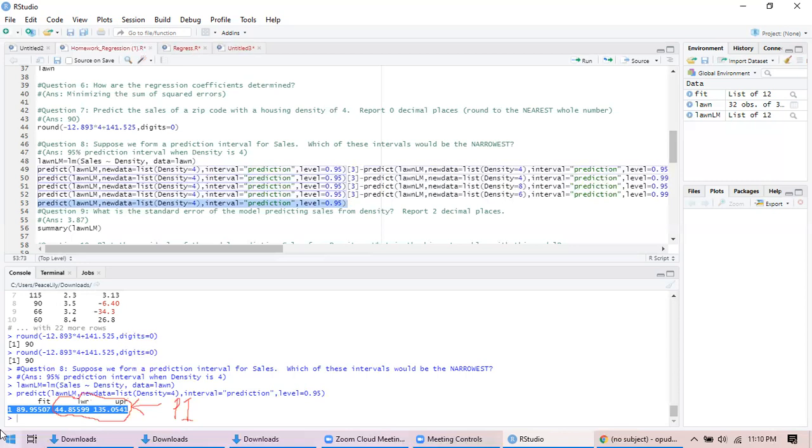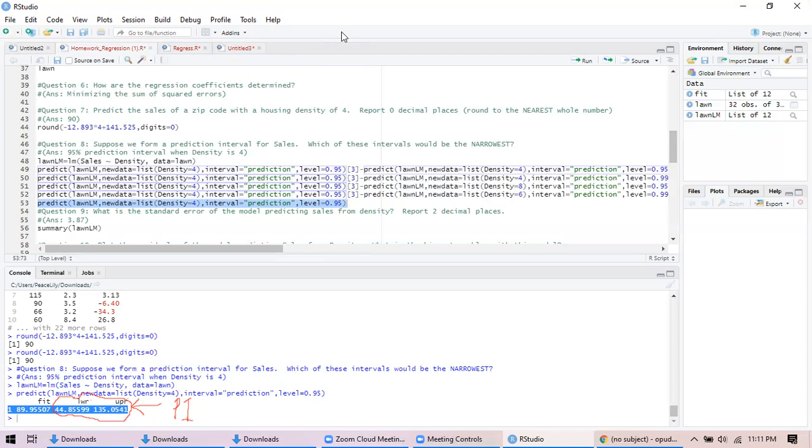I did it 4 times because it's asking which of these intervals is the narrowest one, right? Yeah. So what does a narrow interval mean? What does it mean for the prediction interval to be narrow?